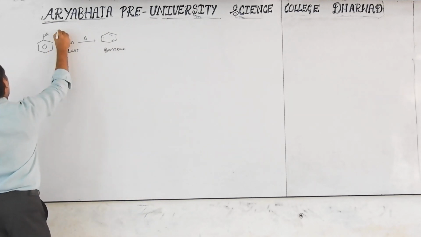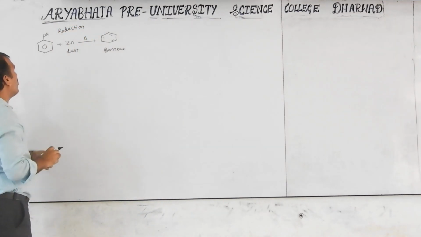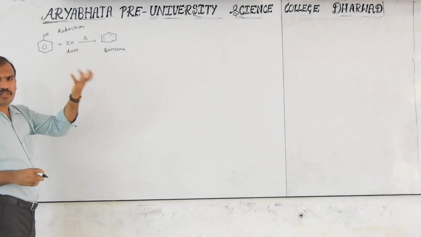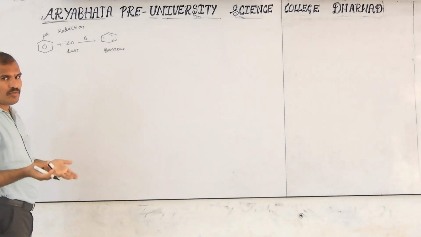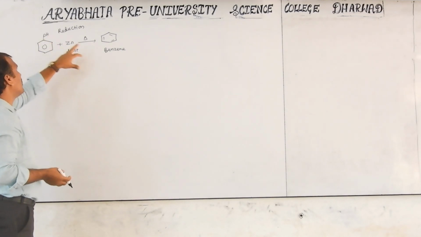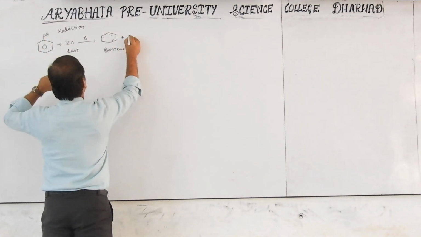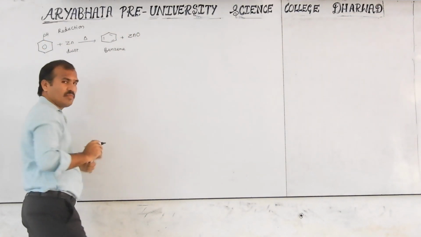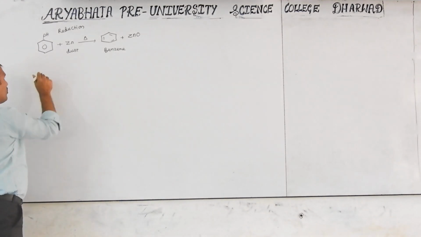This is called a reduction reaction. It means oxygen is removed here. Removal of oxygen is called reduction. And hydrogen is considered here. Actually, this is not a clear name, but considered. Then it is benzene. Then what you get with zinc and oxygen is zinc oxide. Simple reaction. Something important they are asking to use.